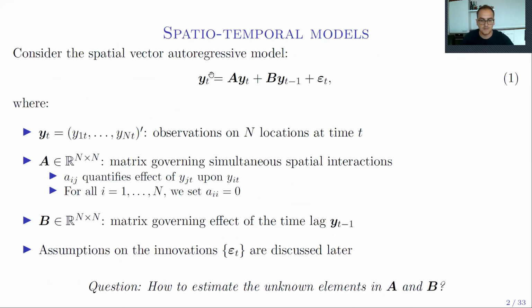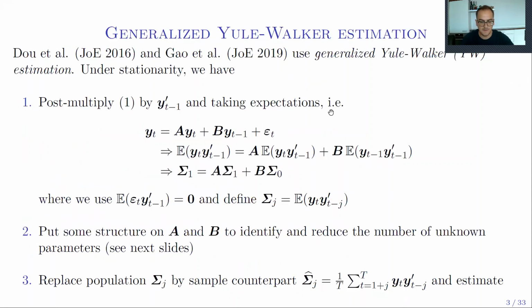Well, if we post-multiply our system by yt minus 1 prime and we take expectations, then we end up with the so-called Yule-Walker equations over here. If we now have estimates for these population covariance matrices, then we have a feasible way to estimate A and B.